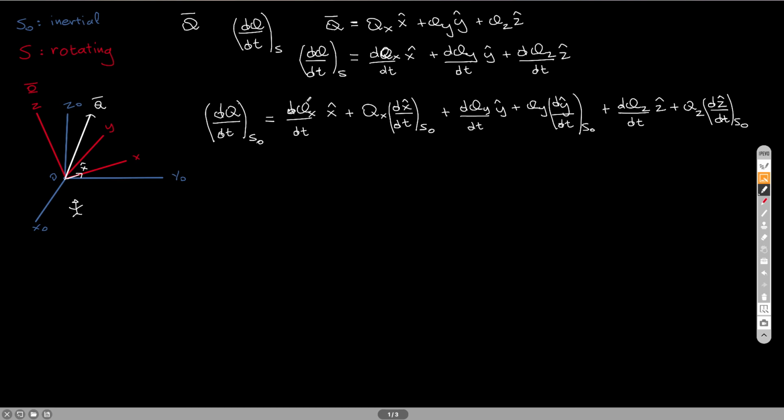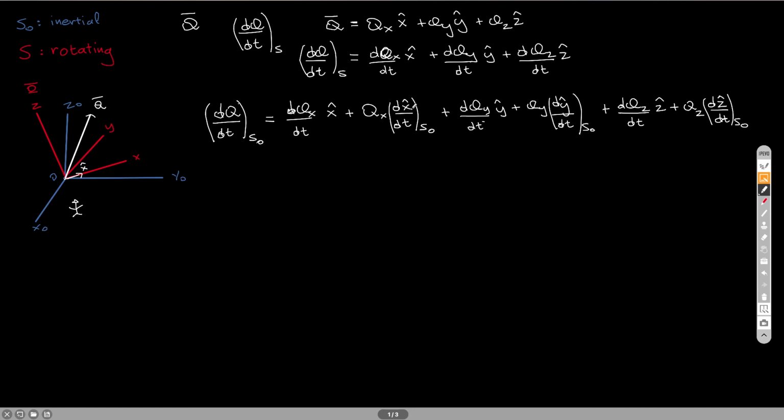Now, you see that we got this first set of terms before as well, but the other terms need to be included when you find this time derivative from the inertial frame of reference.